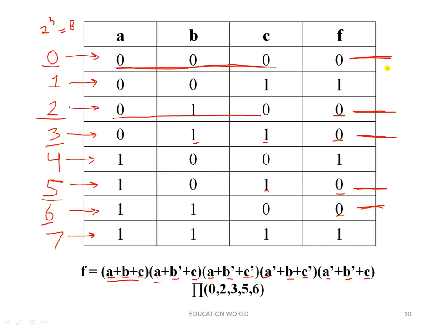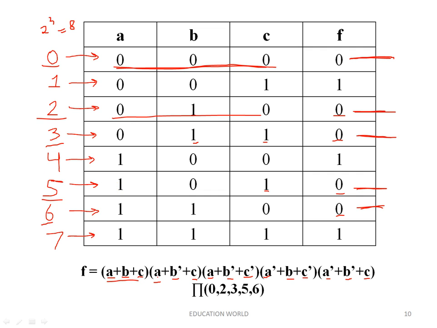So first we see the zeros present in the column, then we assign them as max terms. Then we see the input variable values: where it is 0, it is written in true form, and where it is 1, it is written in complemented form.